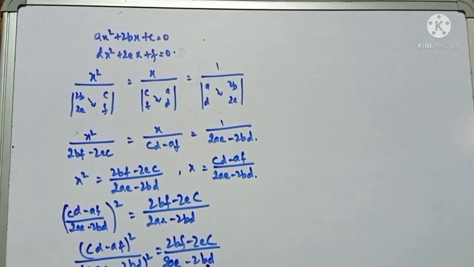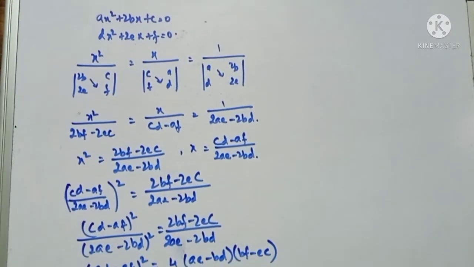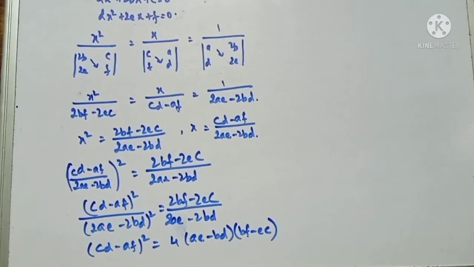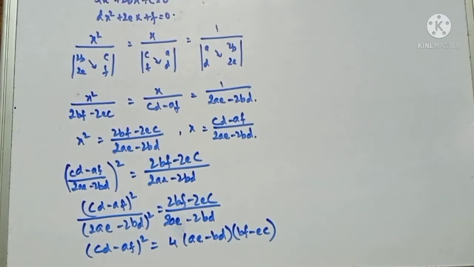So this square and this cancel out, so it will be cd minus af the whole square. Taking 2 common here and 2 common here, this will be 4 times ae minus bd and bf minus ec. So this is the result you are getting.